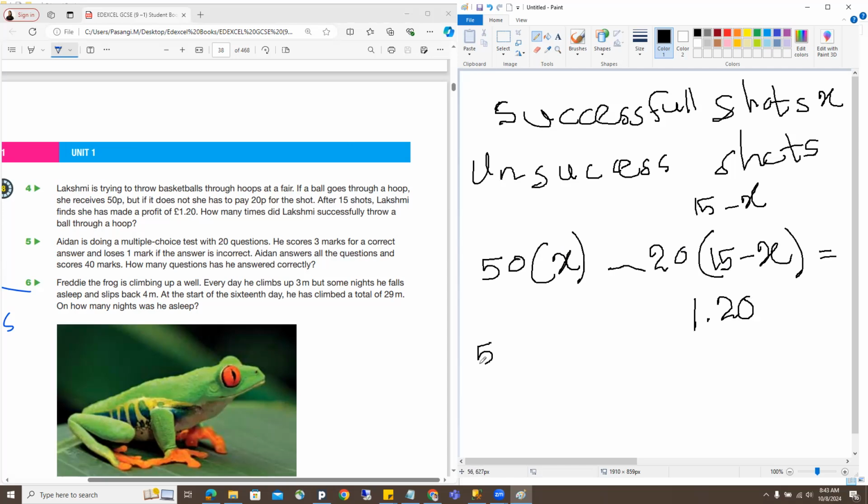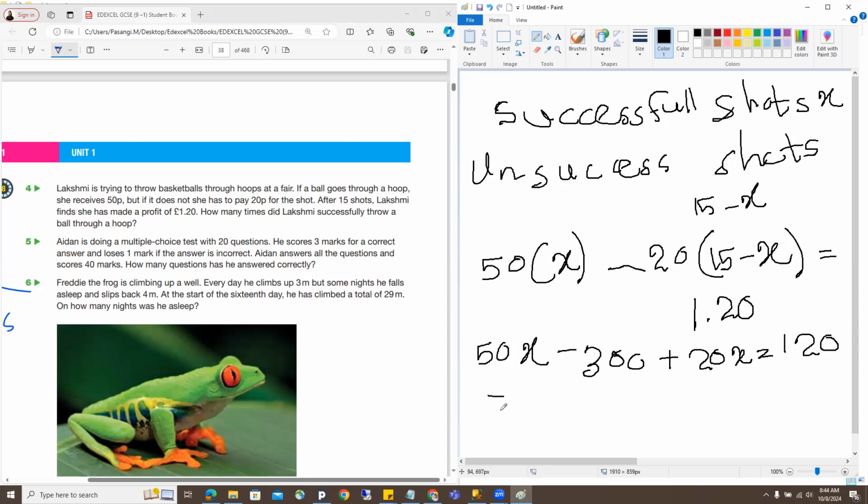Now we have 50x minus 300 plus 20x is equal to 1.20. 1.20 means 120, right? Because everything should be in the same unit.